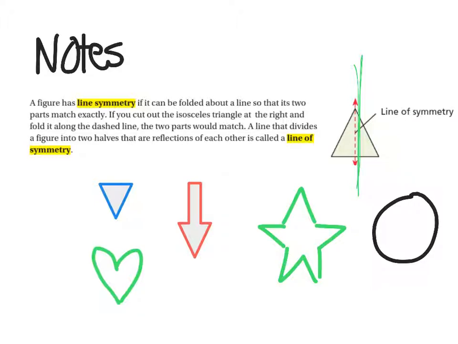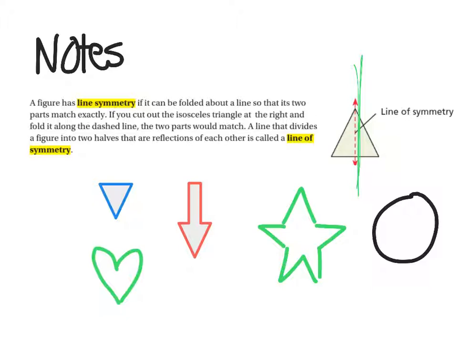So I just have some different pictures here, and I can draw a line of symmetry through some of them, not all of them. So for example, on this triangle, I should be able to draw a line of symmetry straight down.